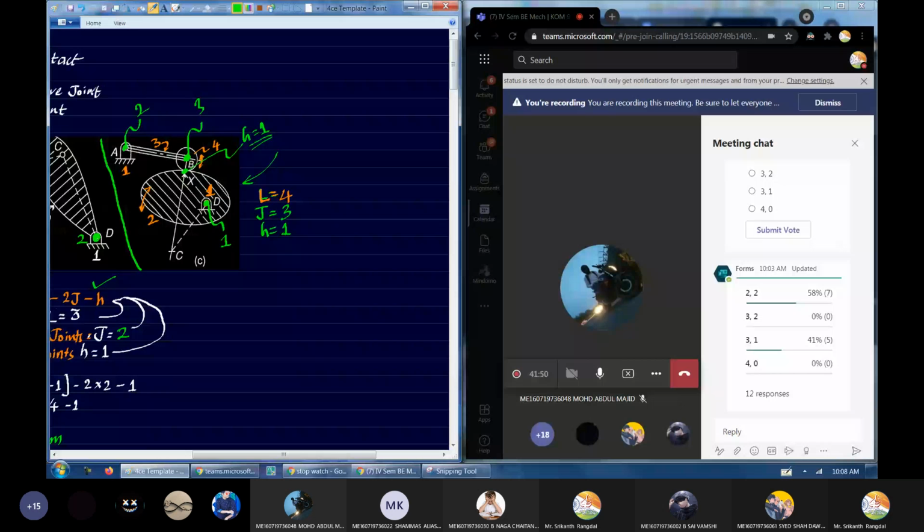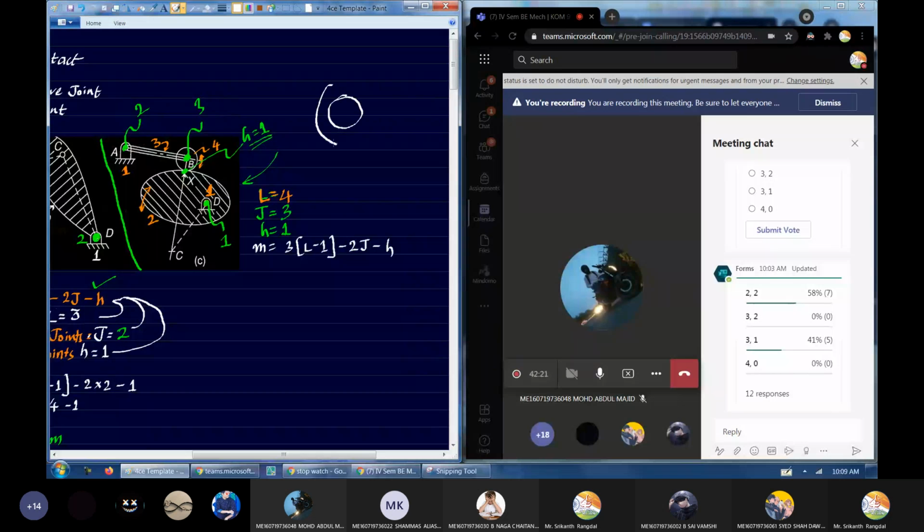Is it clear? Any doubt? Binary joints refer to, sir? At a binary joint, there will be two links that are joined. So wherever two links are joined, not with a point contact, that is to be kept in mind, we need a surface contact.